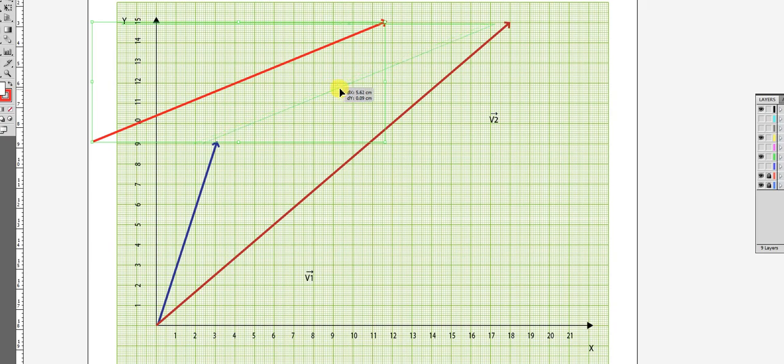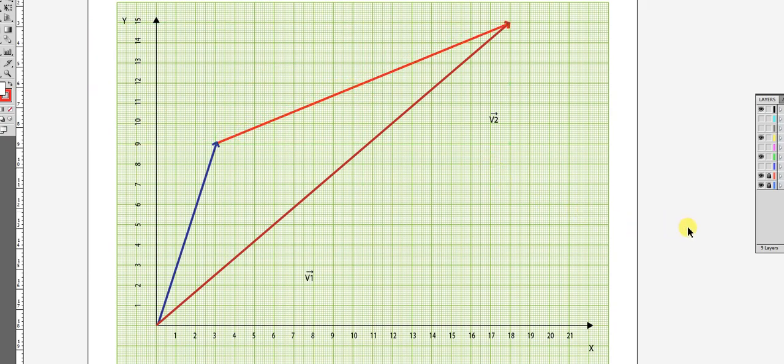But this is addition. Literally, we do that when we add vectors. Head to tail, and then from first tail to last head. Clear? This is how we add vectors in reality.